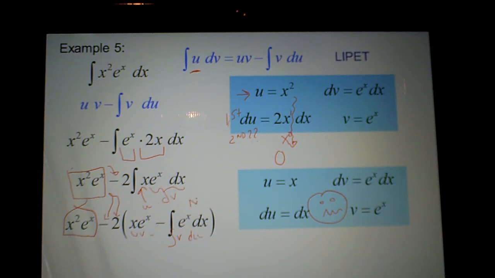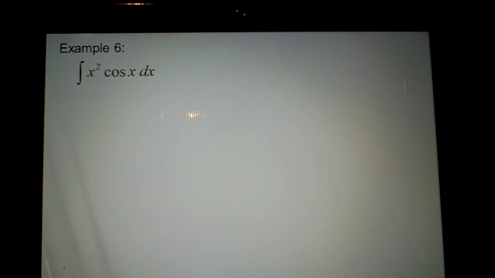Notice no product anymore. Turn that frown upside down. Clean it up. I've got a bunch of x's and e to the x's. I'm going to leave this alone unless I'm matching multiple choice, and then I might look to pull out a common factor.